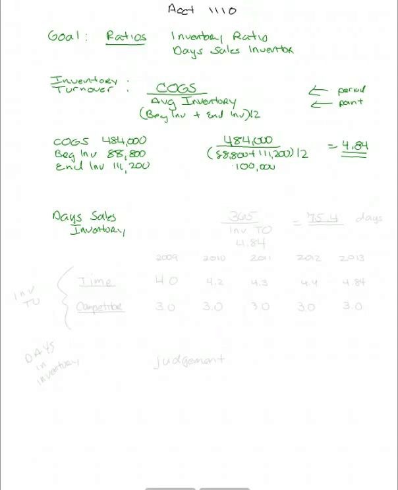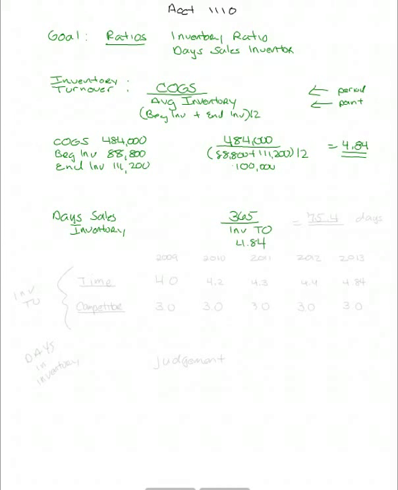This is a simple calculation. We say 365 divided by inventory turnover. In our case, inventory turnover was 4.84.